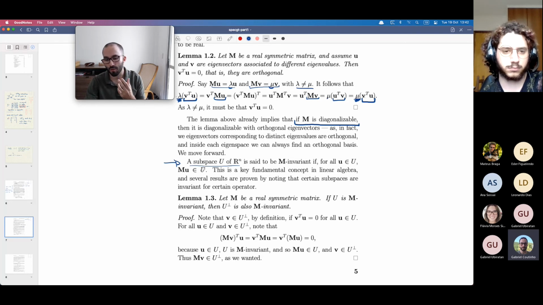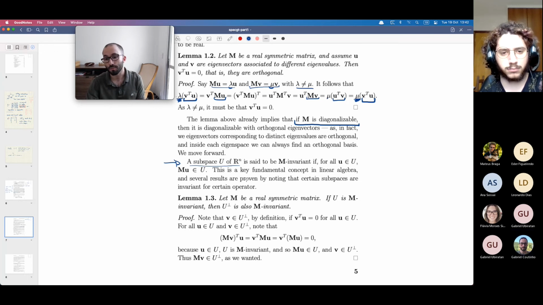But we can generalize this to larger dimensions and think which are the subspaces which are left unchanged by the matrix. These are called invariant subspaces, or unchanged, or at least mapped to themselves, right? So this M could actually map the entire subspace to something smaller, to a subspace of it.